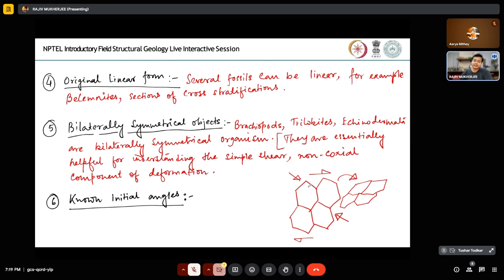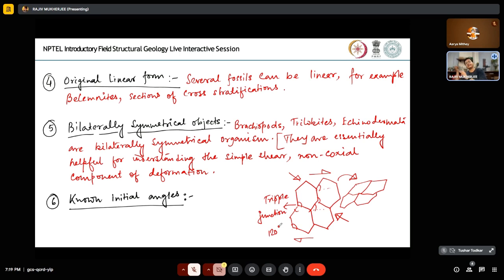Now for that igneous rock, these angles are known, right? We know the entire internal angle. Say for example, if this is a triple junction, then this angle obviously is 120 degrees.